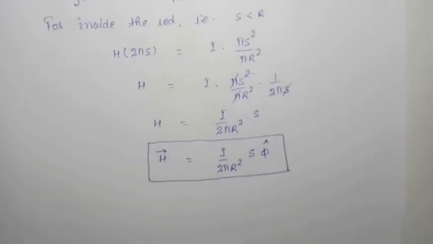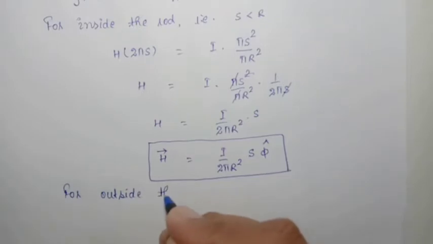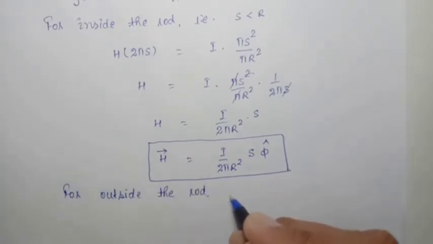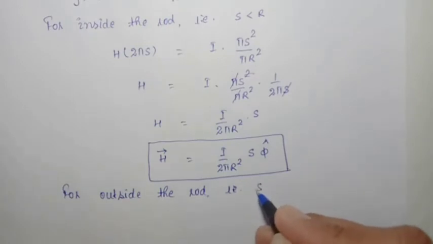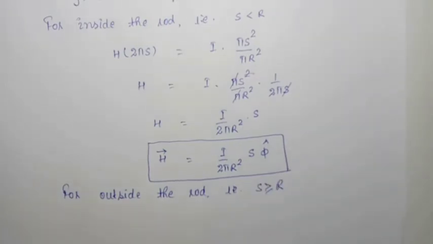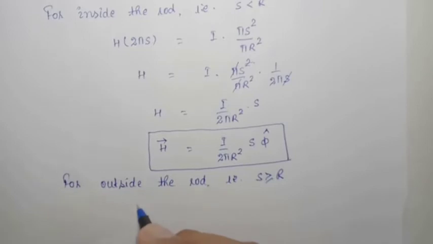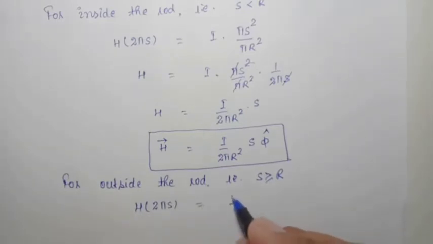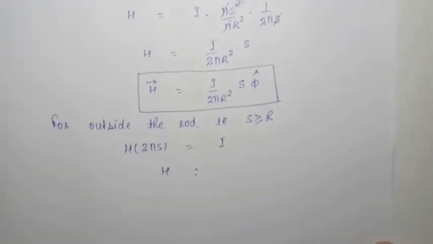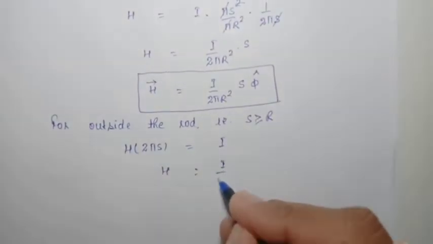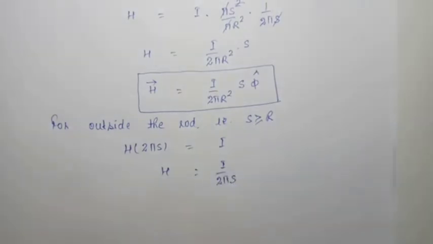Now for outside the rod, that is s greater than or equal to R, we can write H. Again we have the circumference of the Amperian loop, that is 2 pi s, and this is equal to I. So here H equals I over 2 pi s.